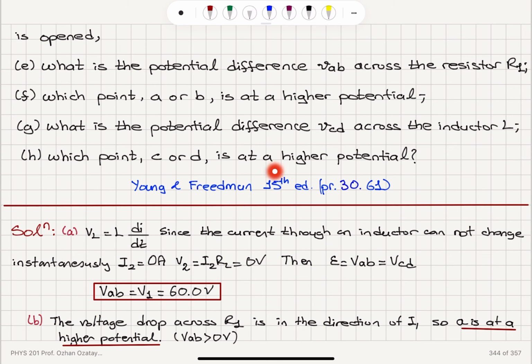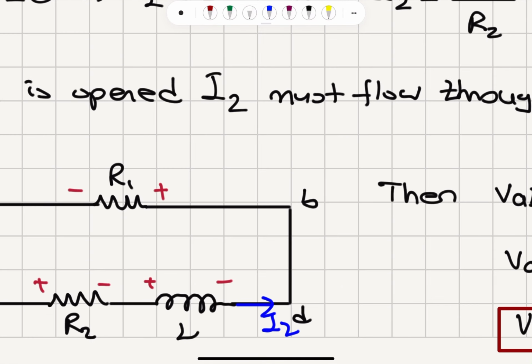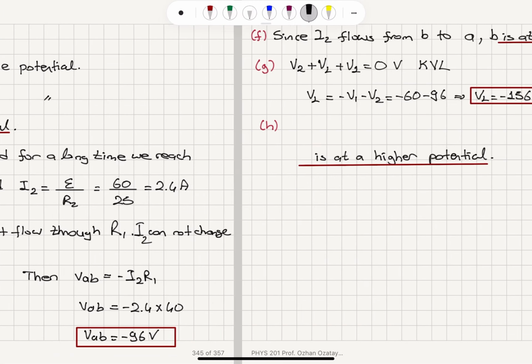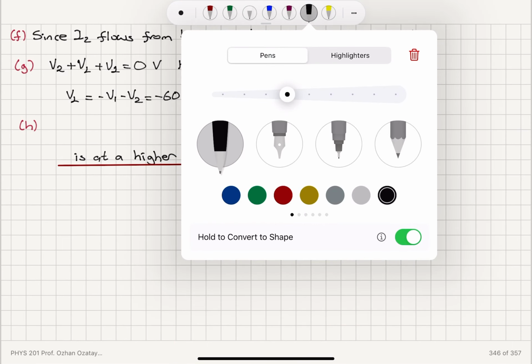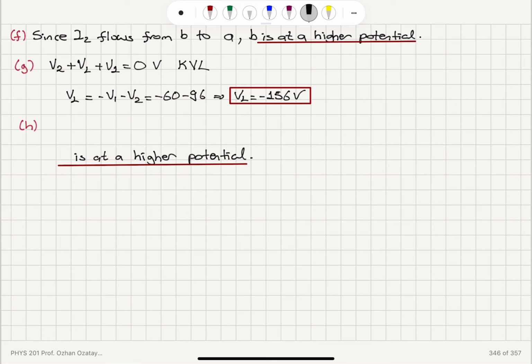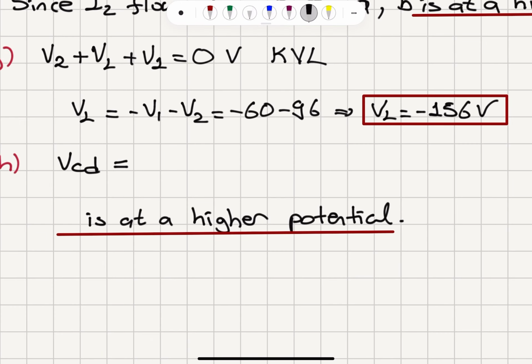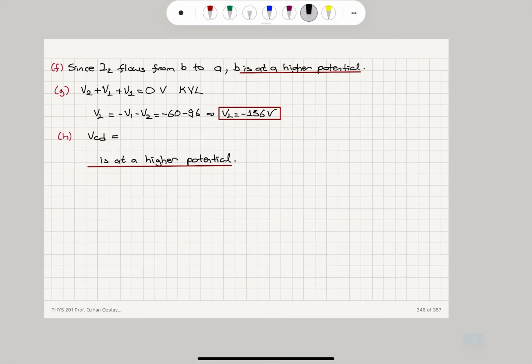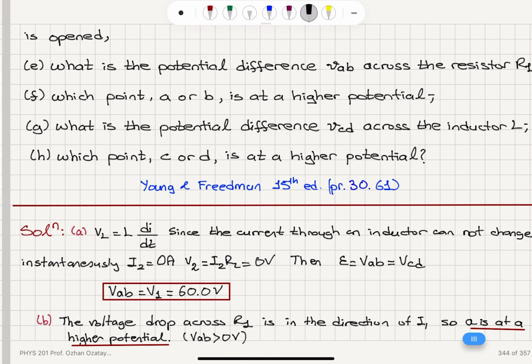Which point, C or D, is at a higher potential? Now you can see that the voltage I have calculated across the inductor, so this was point C here, is negative, which means D is at a higher potential. So I have found that VCD is, let's remember where point C was.